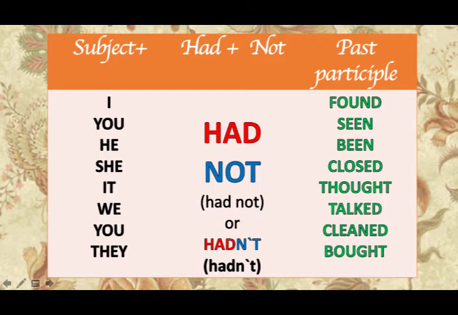If we want to contract the negative, we can read this like they hadn't bought. For example, you see the negative not has the contraction in the end, and it is read as hadn't.